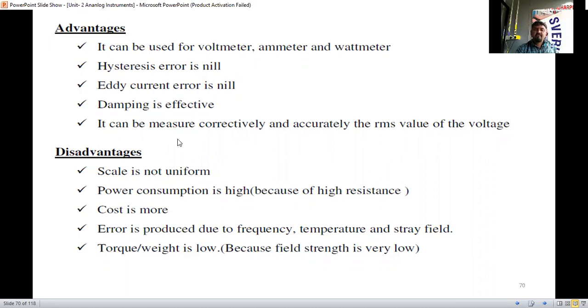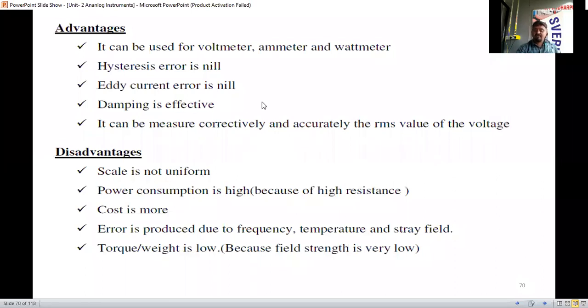It can measure correctly and accurately the RMS value of the voltage, and it is applicable for both AC and DC. It can be used for the measurement of voltage, current, and power.